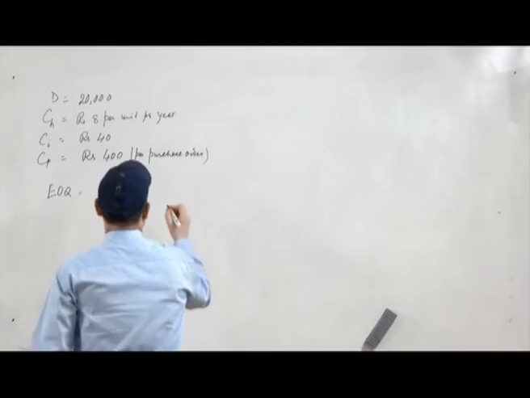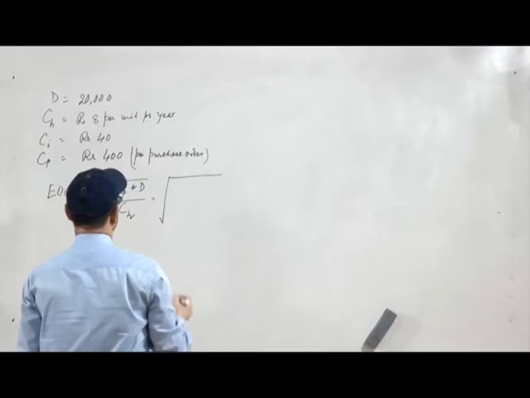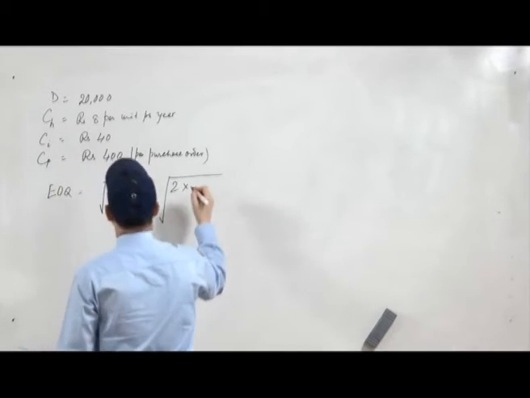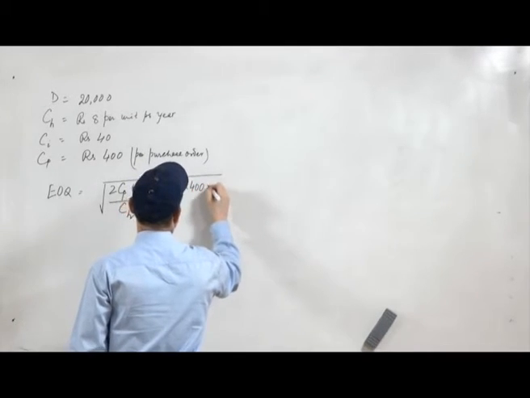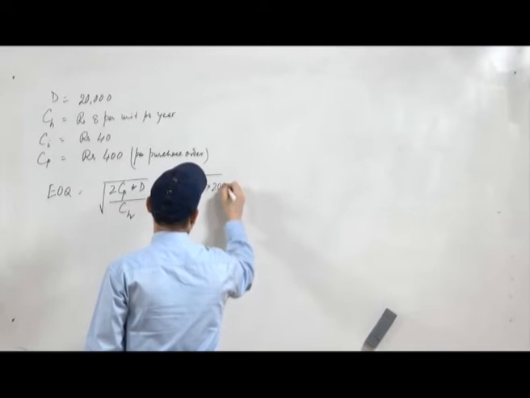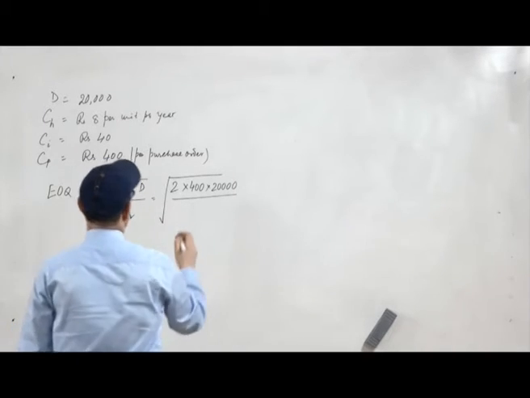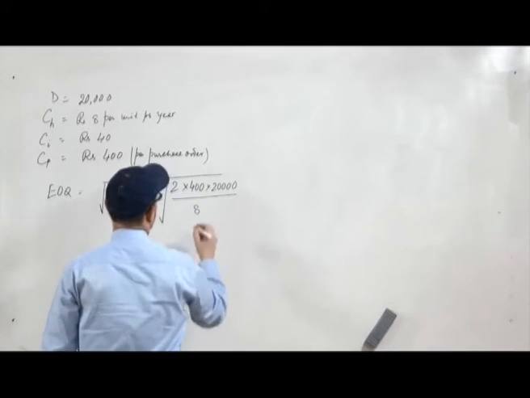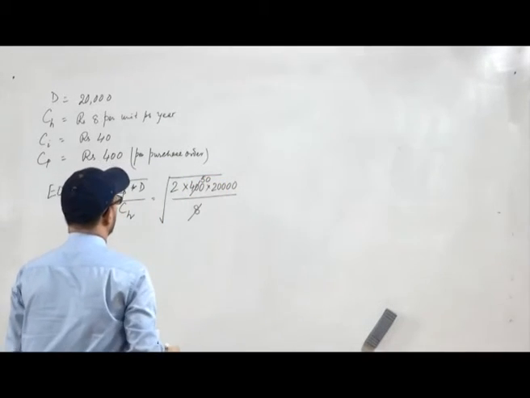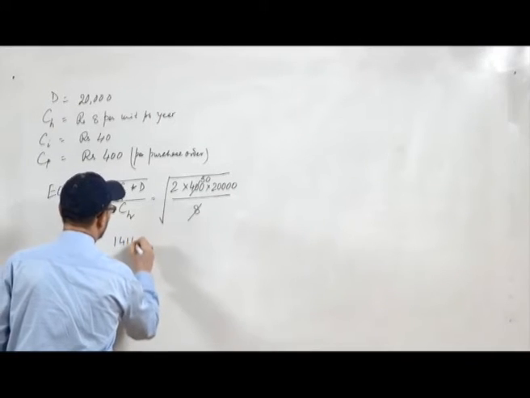We put this in the formula: 2 times 400 multiplied by demand, that is 20,000, divided by Ch, that is 8. So it will be 50, and this will be equal to 1414 units.